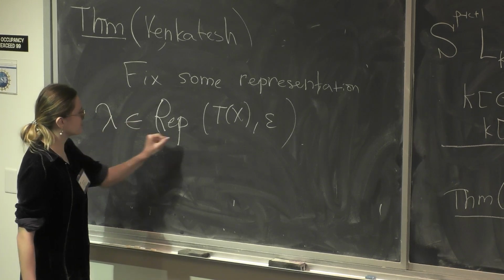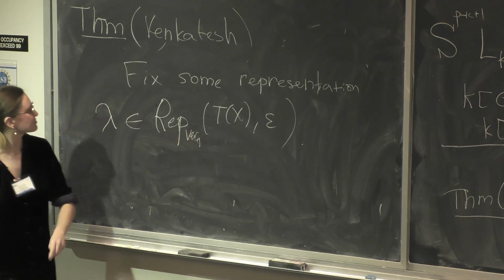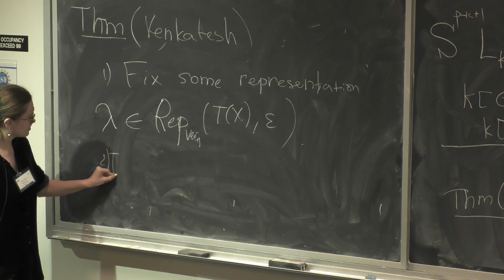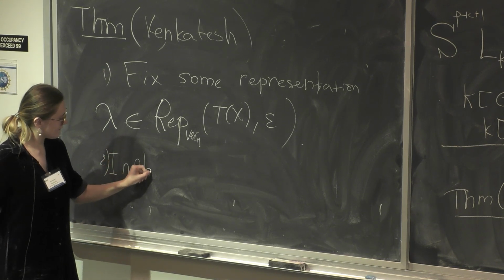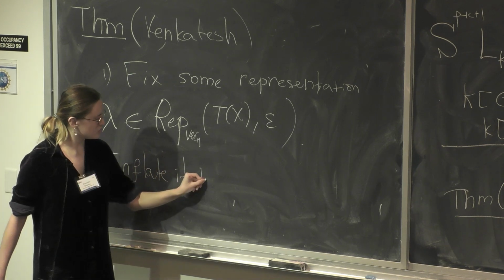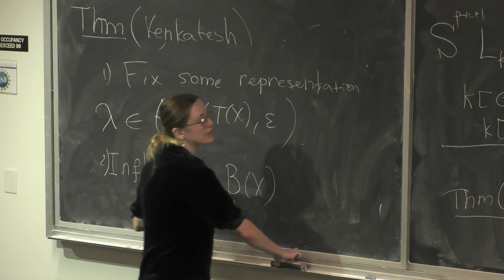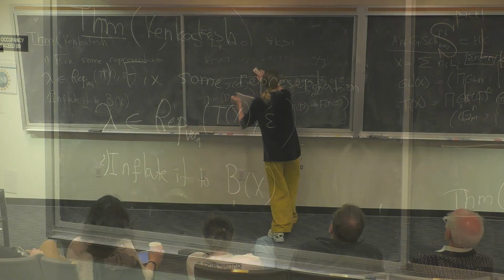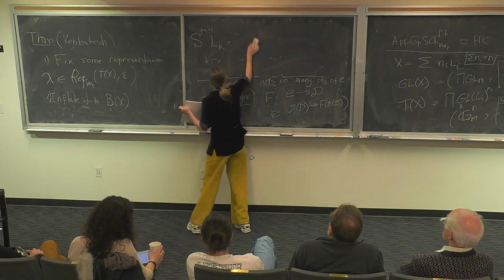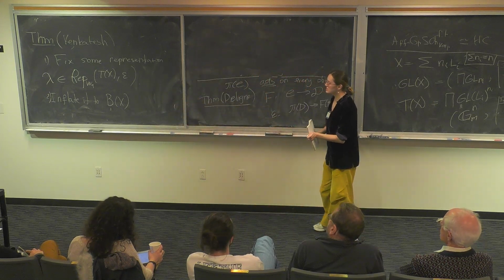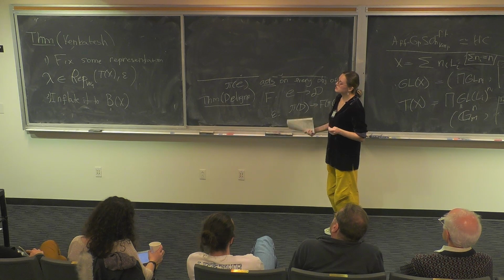Let's call this representation lambda. Then inflate it to the Borel. And then we want to do some sort of induction, but induction is much nicer in the context of algebras.